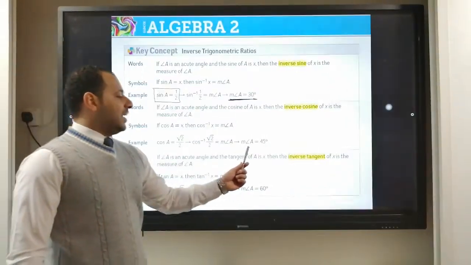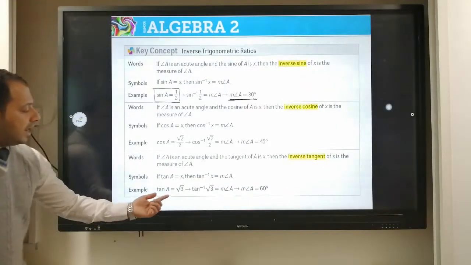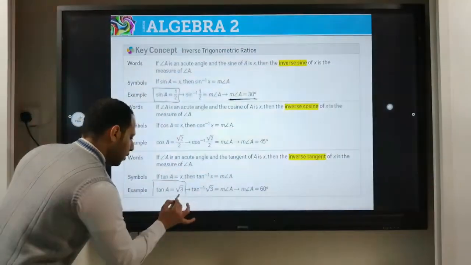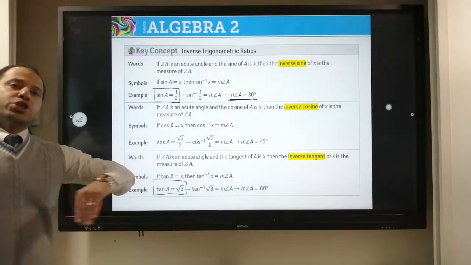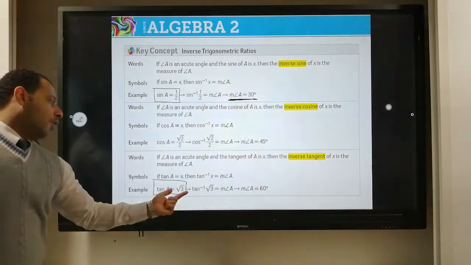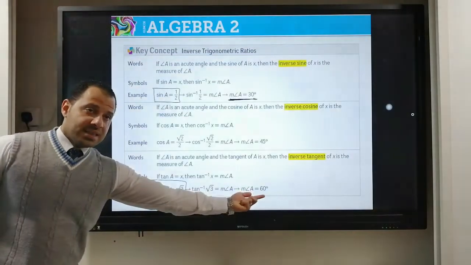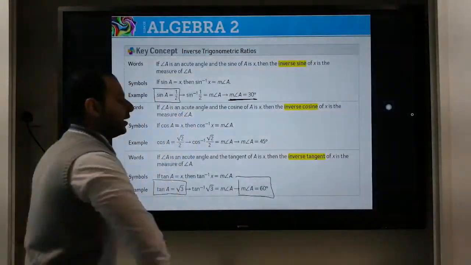So the measure of angle A is 45. And for tan, if we have tan A equal √3 and I need to find the measure of angle A, shift tan for √3 gives 60. So 60 is the value of angle A.